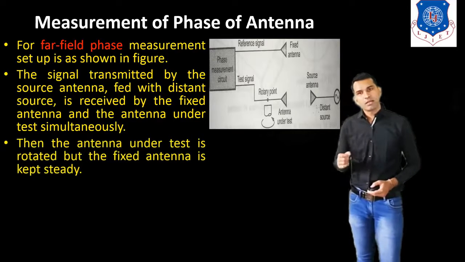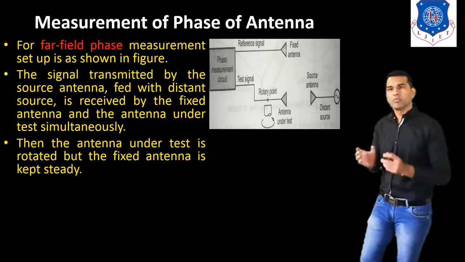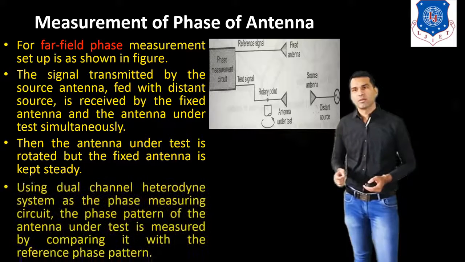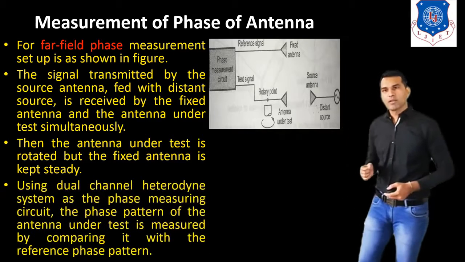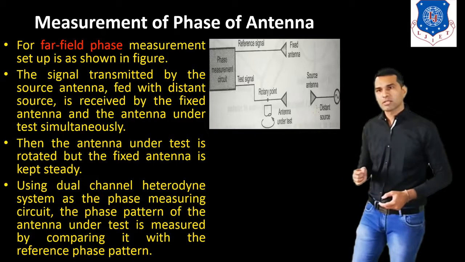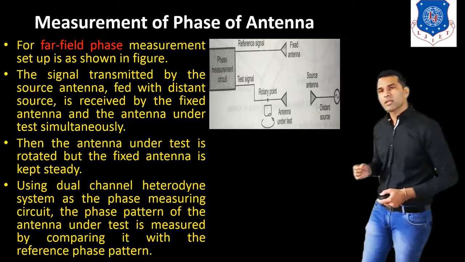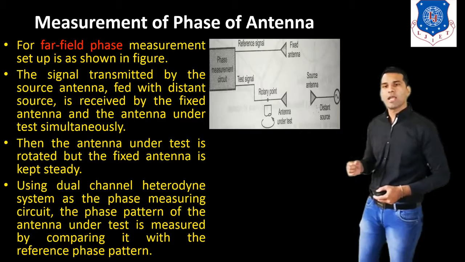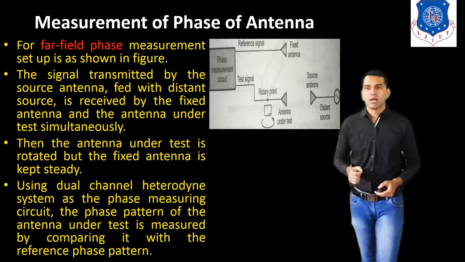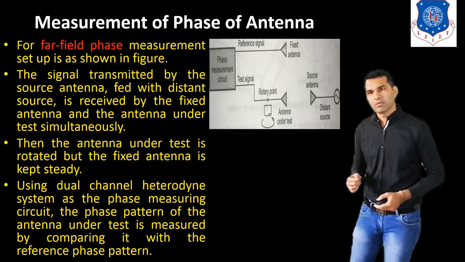Then the antenna under test is rotated, but the fixed antenna is kept steady. Using the dual channel heterodyne system as the phase measuring circuit, the phase pattern of the antenna under test is measured by comparing it with the reference phase pattern.